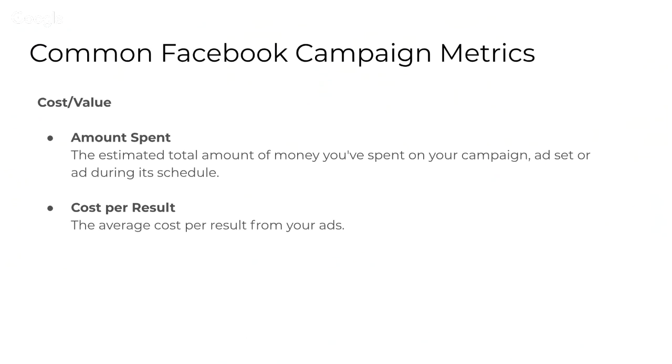So what you'll need to do is look at a few different metrics across these buckets to really analyze, first of all, did you achieve your campaign objective, but also how did you achieve it? Were you efficient? Were you efficient with the clicks that you got, or were you efficient with the amount of money that you spent? It'd be a mix of looking at these different metrics to really analyze your campaign as a whole.